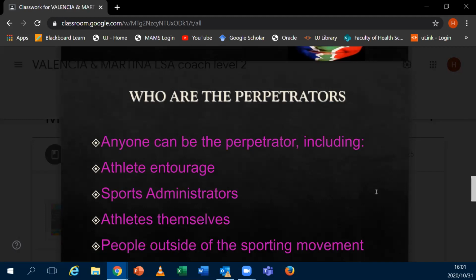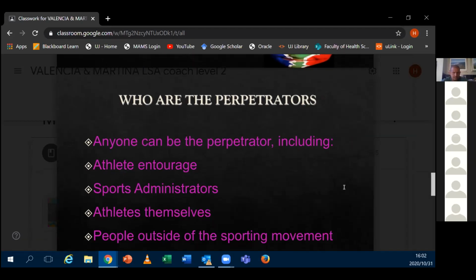They could be somebody from another sports federation, a fellow coach. So there's no specific profile where you look at somebody and think, oh, they look a bit dodgy, they must be. No. They're just sitting here with us and we don't even know it. They're in our federation and we don't even know it. So those are the perpetrators.